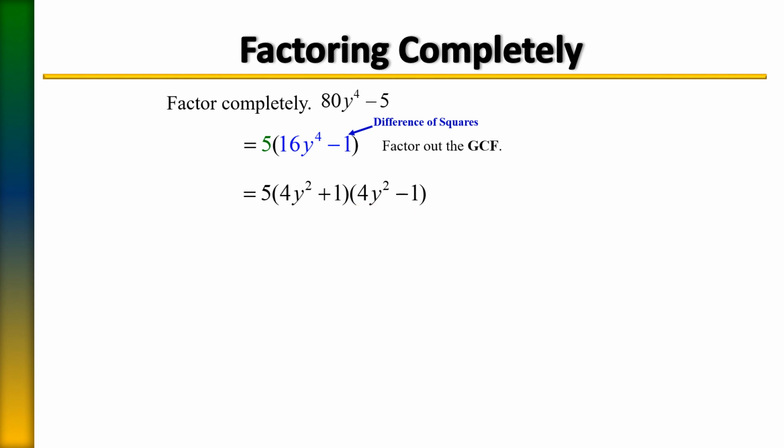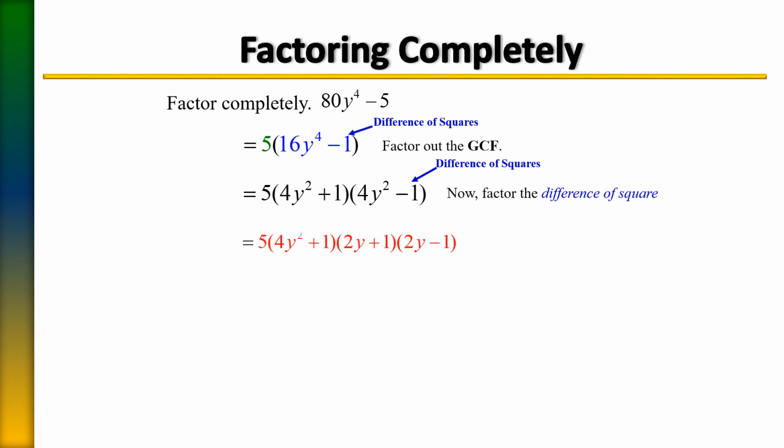And what does that factor into? If you said 2y plus 1 and 2y minus 1, then that is correct. So putting everything together, our final answer is GCF of 5 on the outside, then you have the sum of squares, and we factored the difference of square, and there you have it, factoring completely.